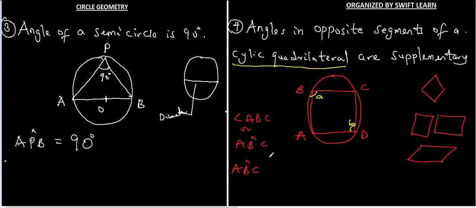I'm assuming you don't know anything in this; we're all learning this together. Angle ABC plus angle ADC is equal to 180 degrees. That means if you add both of them, A plus B equals 180 degrees. Are you with me now?